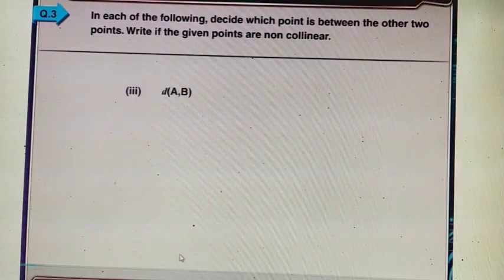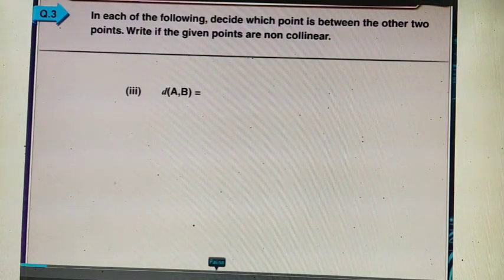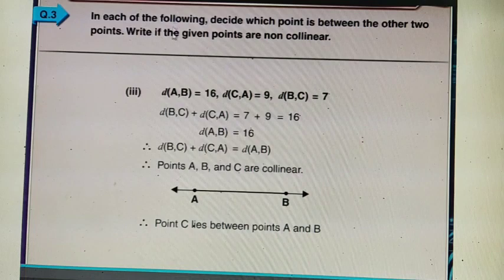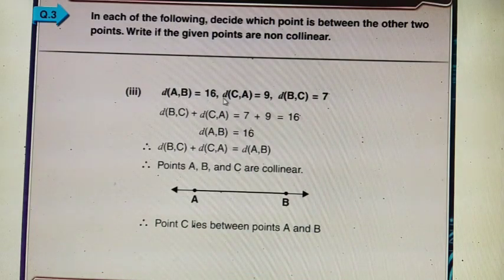Third, distance between A and B is equal to 16, distance between CA is equal to 9, distance between BC is equal to 7. Now we will take the smaller numbers, that is 9 and 7. Distance BC plus distance CA is equal to 7 plus 9, which is equal to 16, and we also have distance AB equal to 16.